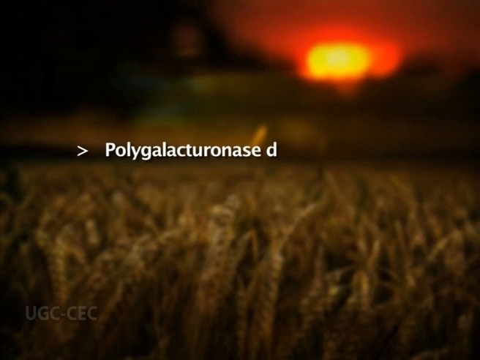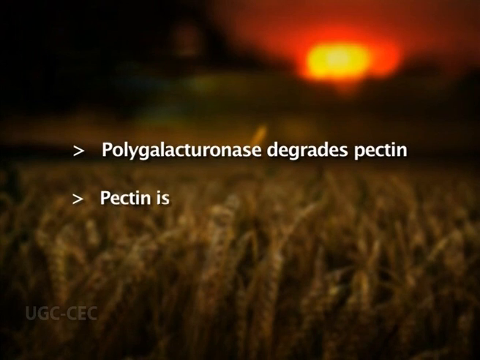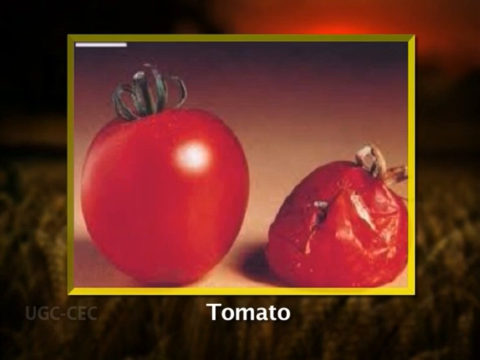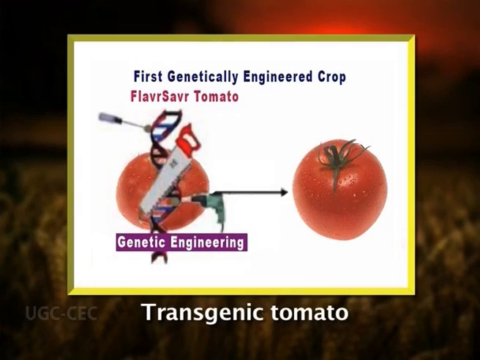In tomato, the enzyme polygalacturonase degrades pectin, which is the major component of the fruit cell wall. This leads to the early softening of fruits and a deterioration of fruit quality. By antisense RNA technology, transgenic tomato has been produced in which the activity of polygalacturonase enzyme is blocked.